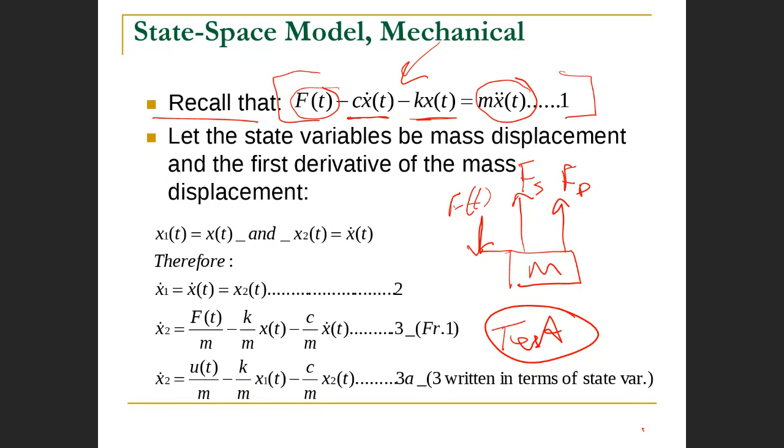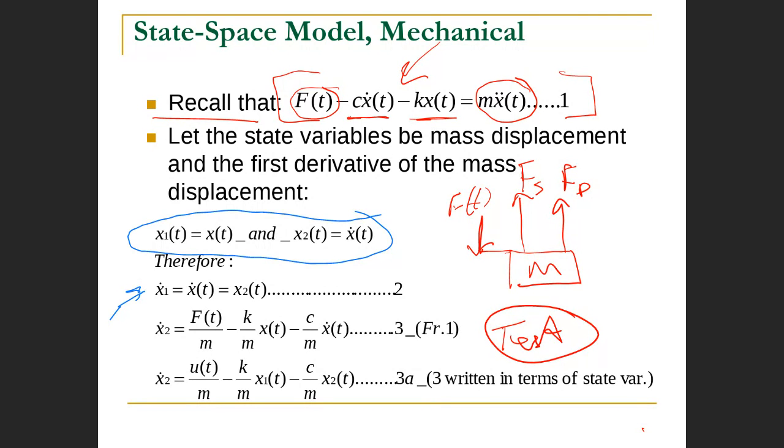We're choosing the system output, which is the mass displacement, as the first state variable, and the first derivative of the mass displacement as the second state variable. I'm speaking about right here.